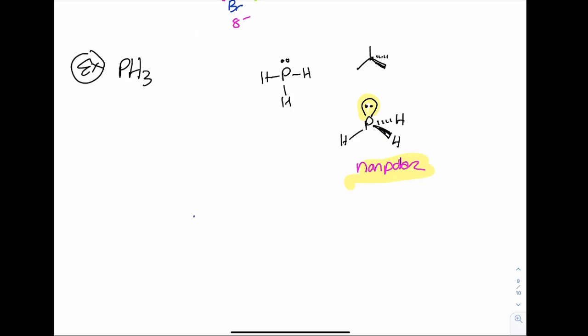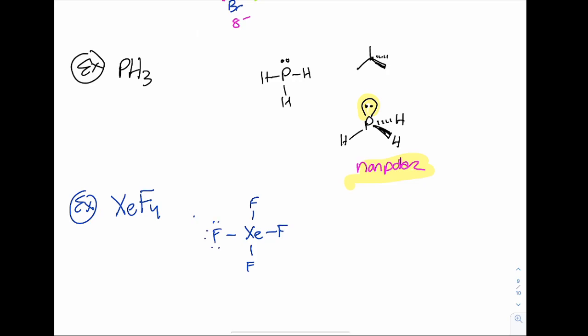One more example for us. So let's use xenon tetrafluoride. And I'm just going to draw the Lewis structure. When we do this one, we end up with 4 bonds to fluorine. I have lone pairs on all of those.